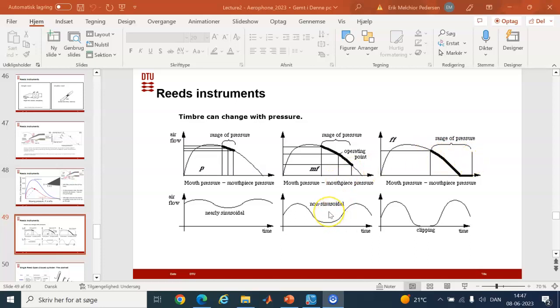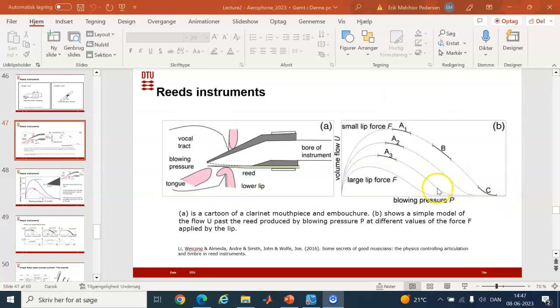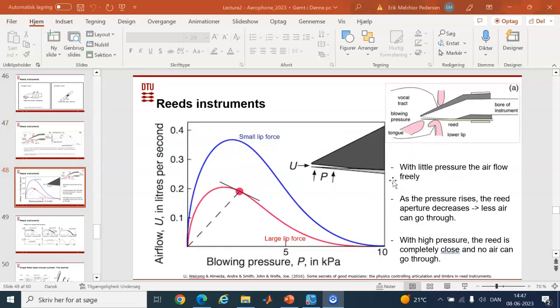Over here is the non-clipped sinusoidal form, and here is a clipping. When the mouth pressure closes the reed very much, there will be a clipping, especially with a large lip force.